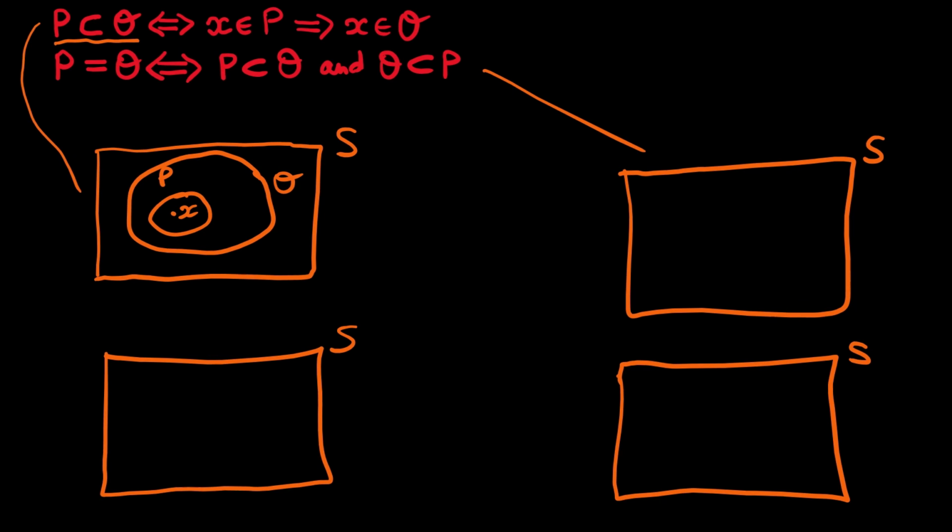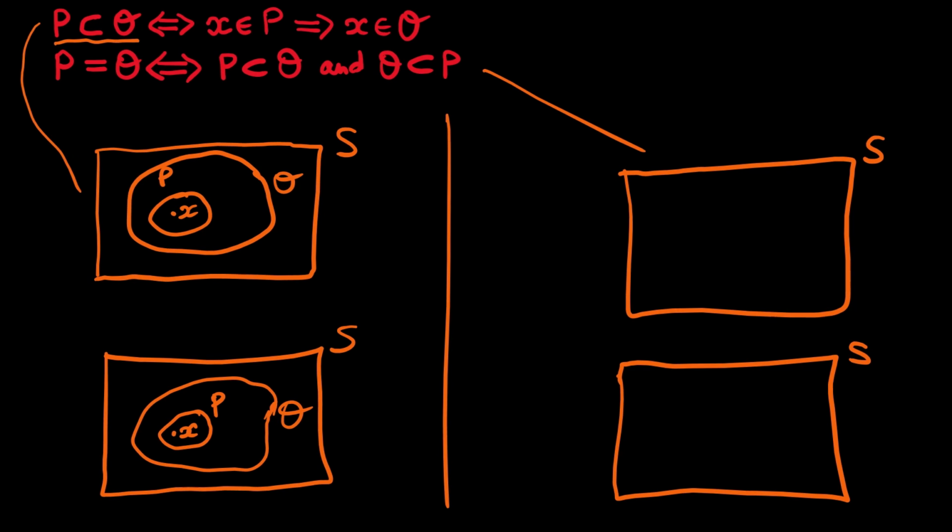And the right side says that if you started with a set P and you picked X to be an element of P, if that alone automatically implied that X is also an element of Q, then the only way for us to draw Q is such that P must be a subset of Q. So that's it for that first definition.